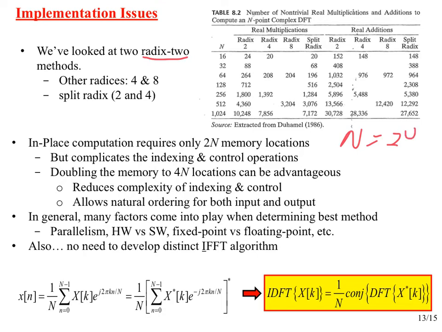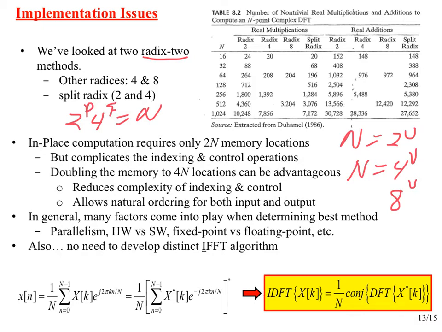For Radix-4, we would have n is equal to 4 to the v, obviously a different v if we're trying to keep n the same. For Radix-8, we have 8 to the v. And we could even have a split radix, so we could have 2 to the p times 4 to the q is equal to n. Those are all different methods that can be done using this divide and conquer method.